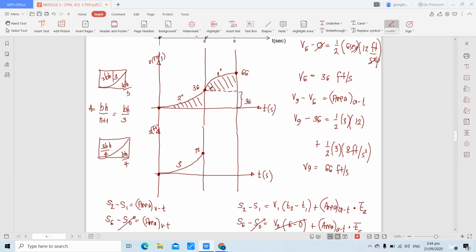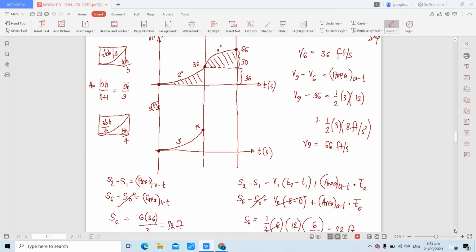Ano bang area ng parabola? Second degree. Yung maximum, ito, 2/3 base times height daw. Tama? Ito yung base. Ito yung height. Ano yung height niya? 30 feet per second. 66 minus 36 is 30. Kapag pinag-plus natin to, that is a total of 66.